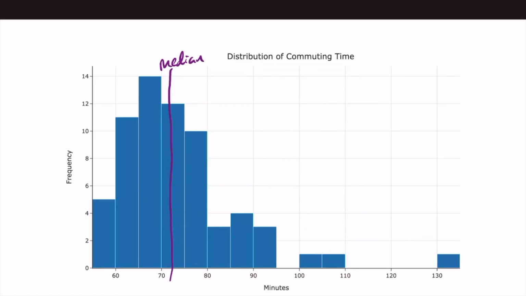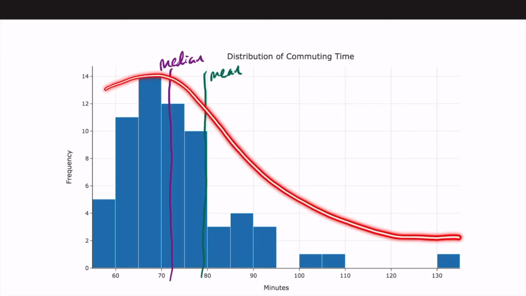And the mean would be somewhere around here. So we have these values for commute time, right? And there's this histogram which skews to the right.